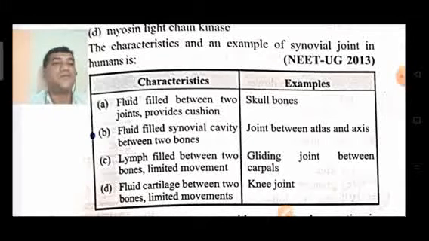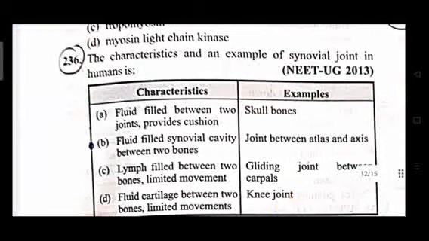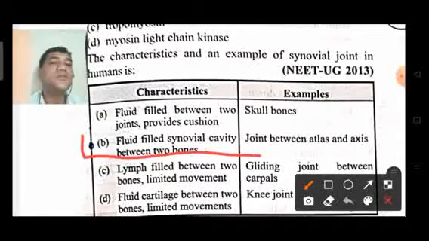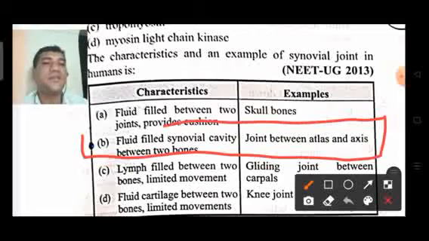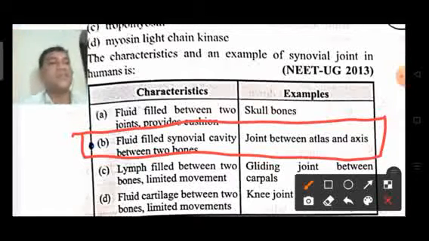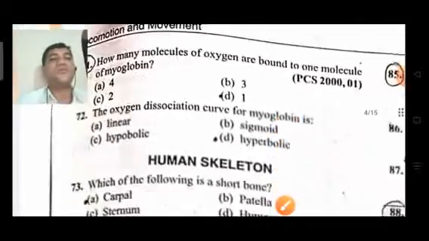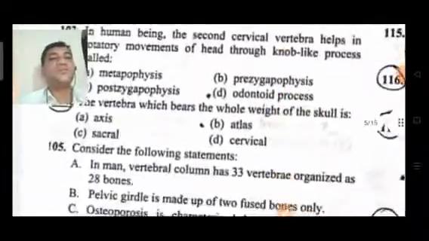Others are all wrong. Only the fluid filled synovial joint between the atlas and axis is the right answer, and this is a NEET 2013 question also.